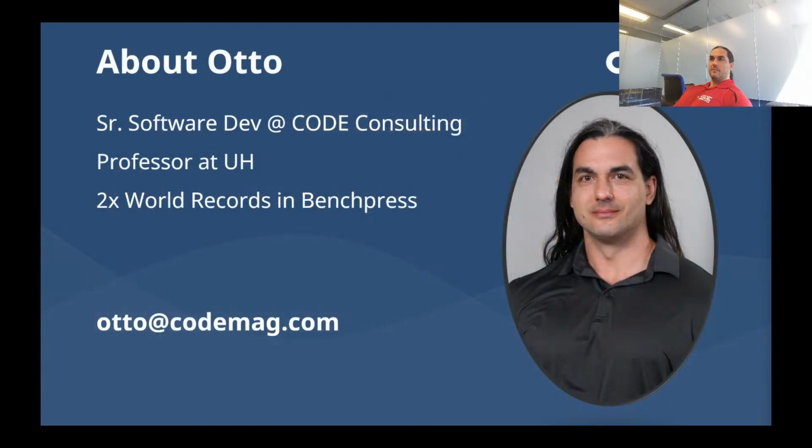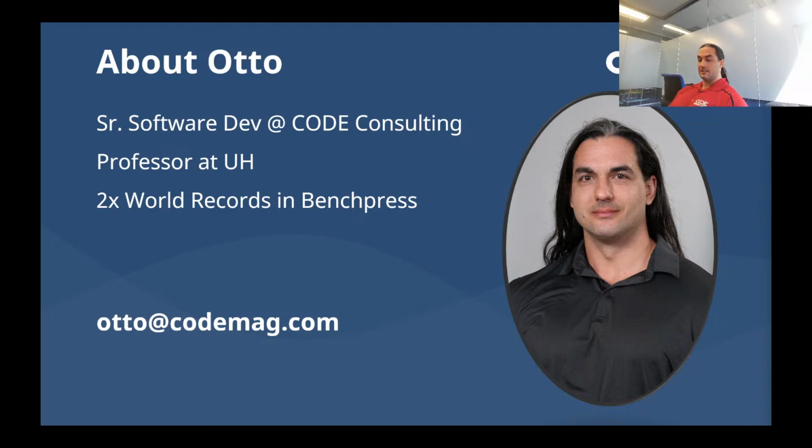About me, as I said, my name is Otto. I'm a senior software developer at Code. Been with Code for, I think, over 10, 11 years. I'm also a professor at the University of Houston. I've been teaching there for, this is my 10th year, continuously.